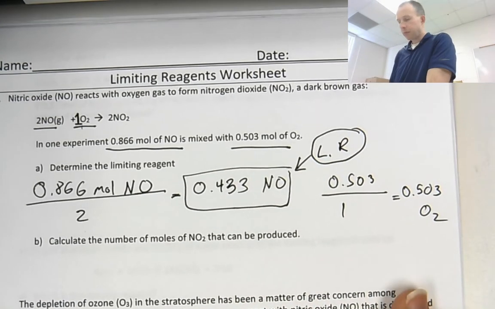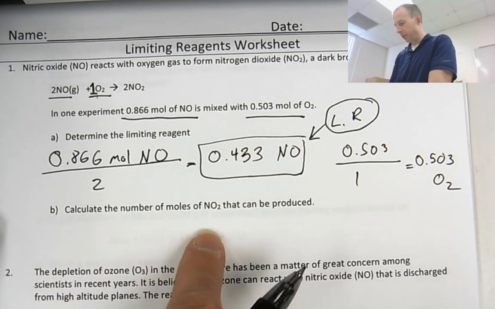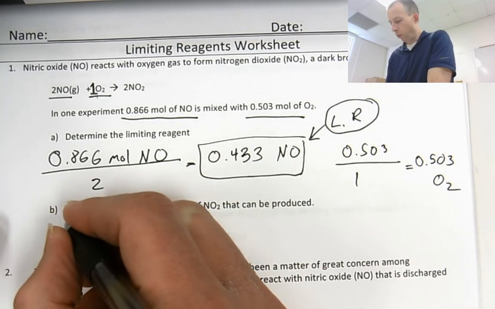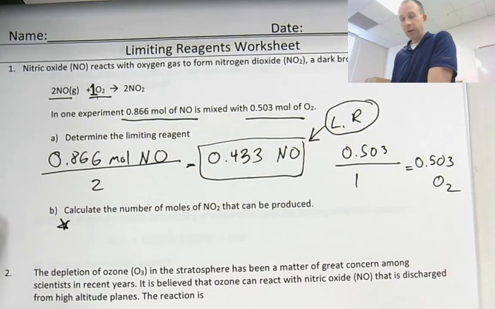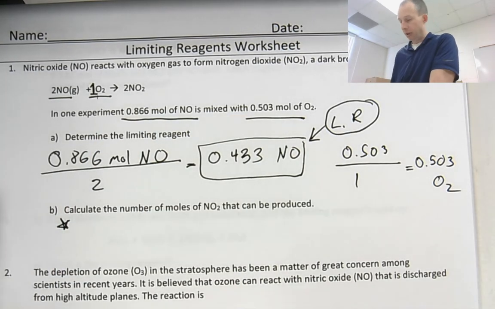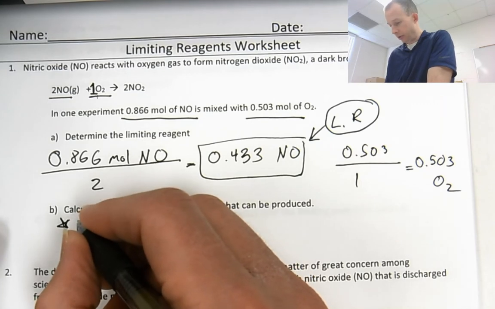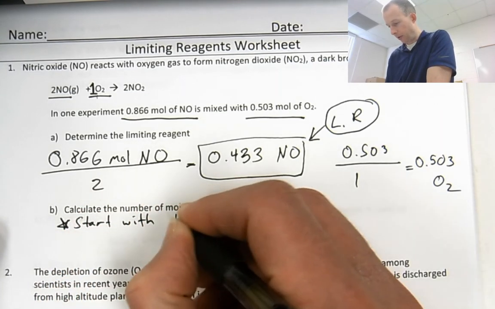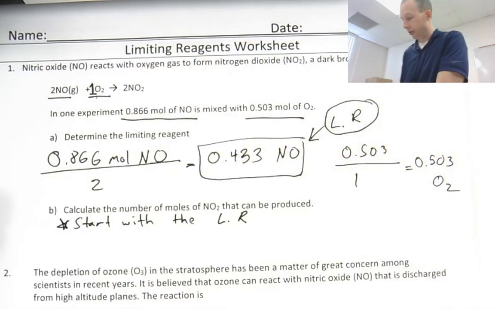Now, something to note, the next problem helps with this. It says, calculate the number of moles of NO2 that can be produced. When you have a problem like this where you're given 2 values, you can only ever solve it using the limiting reactant. So you will start with the limiting reactant, or reagent as it's called in this worksheet.